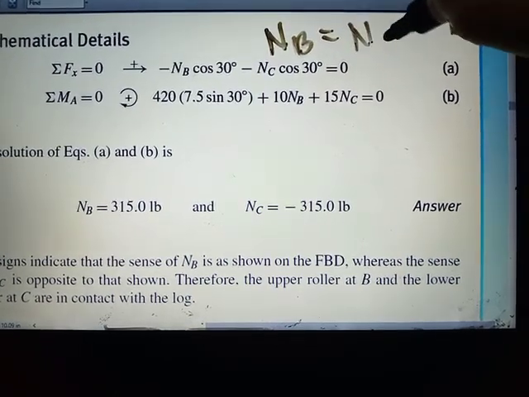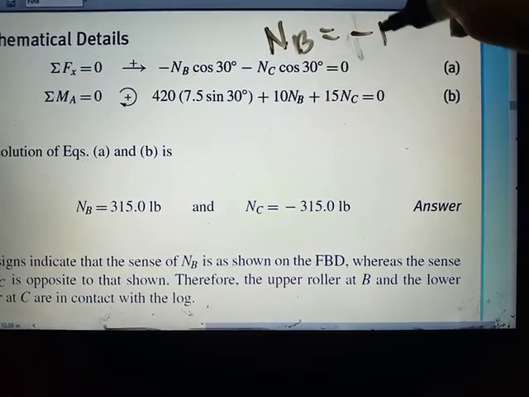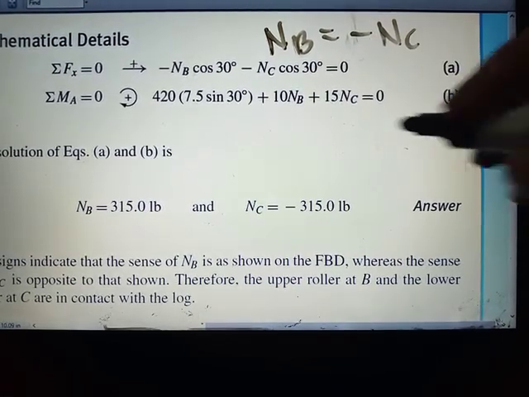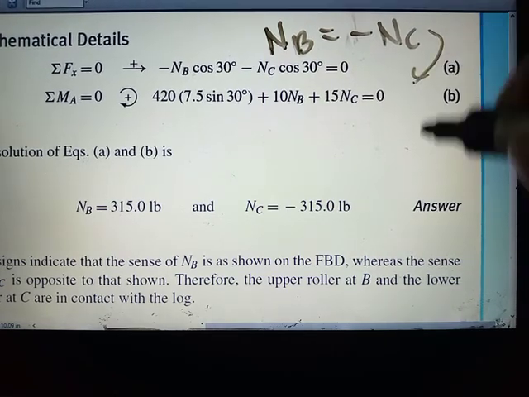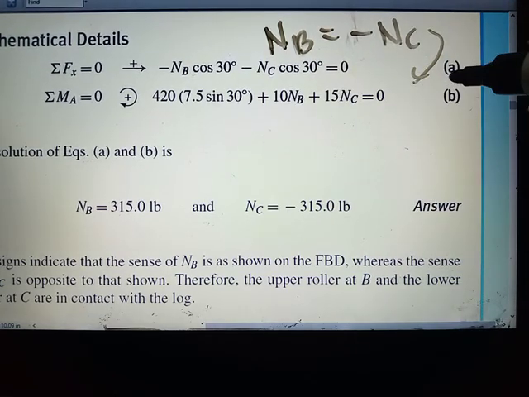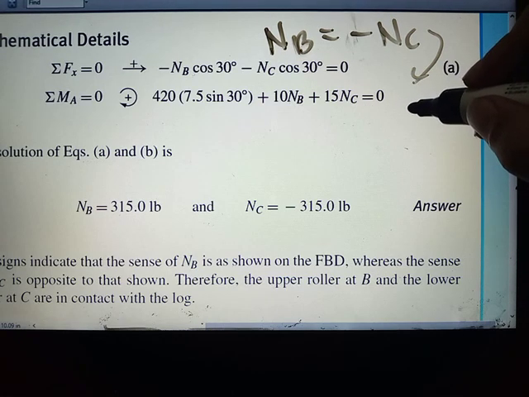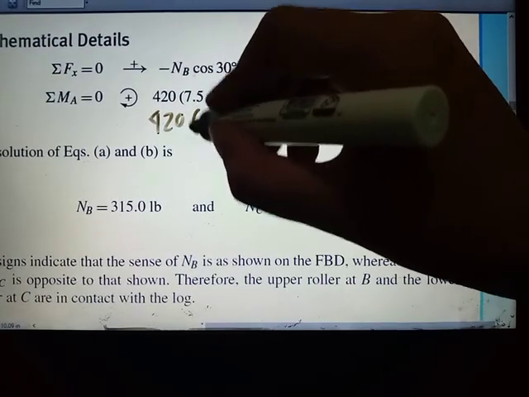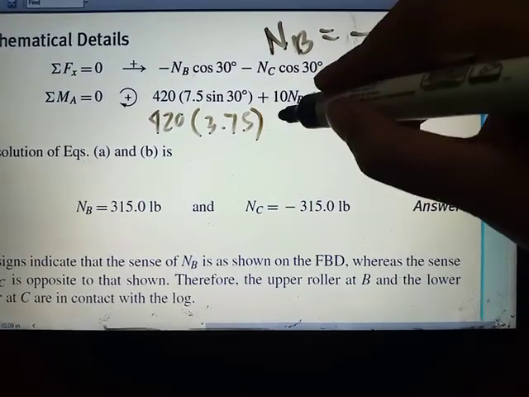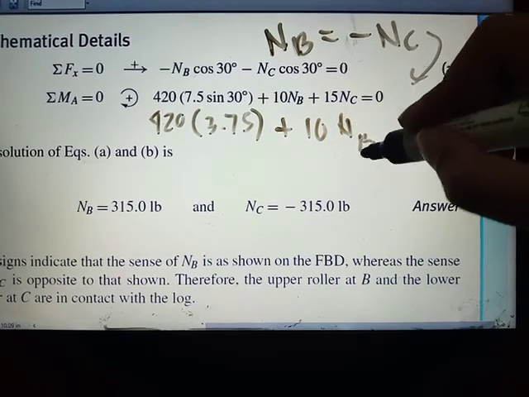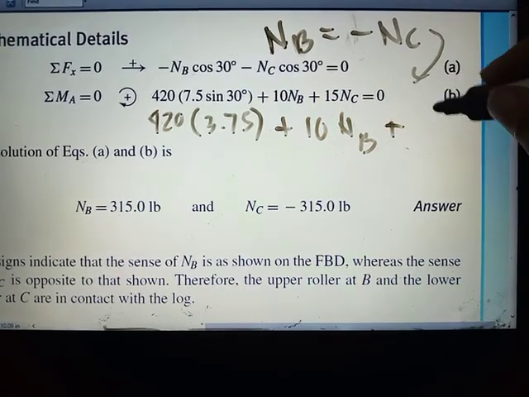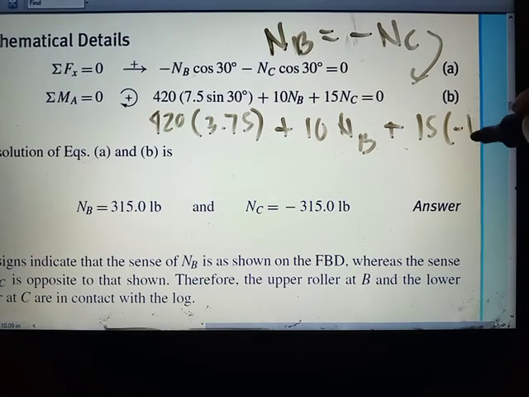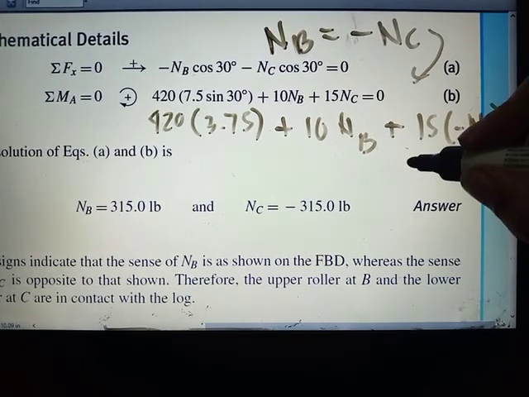So NB is equal to negative NC here, so it becomes negative NB equals negative NC. Then you can use this to get NB. Since NB is equal to NC, you can also say NC is equal to NB, so you can simplify: plus 10 NB, plus 15 negative NB, is equal to 0.